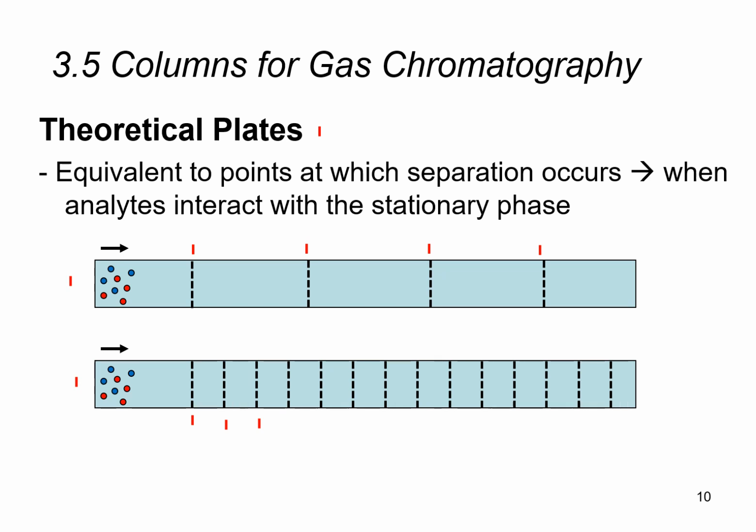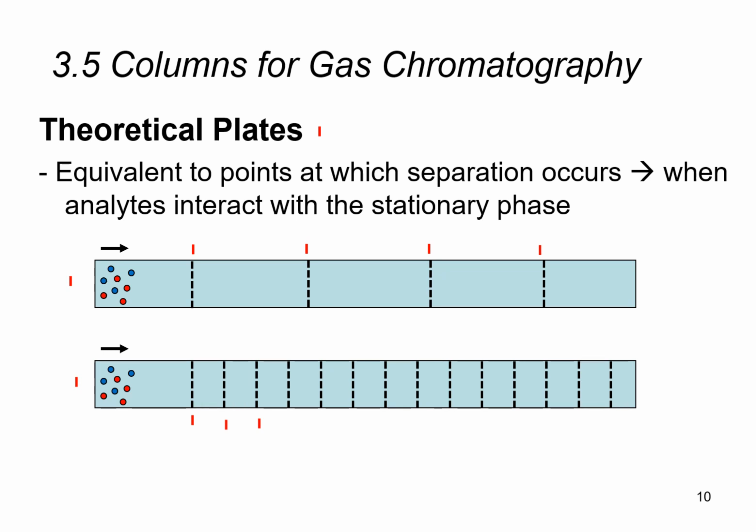Now, this is one way to visualize the idea of theoretical plates. It's important to remind ourselves that this is not what a column actually looks like. Every column does not actually have plates along its length where the interaction occurs.